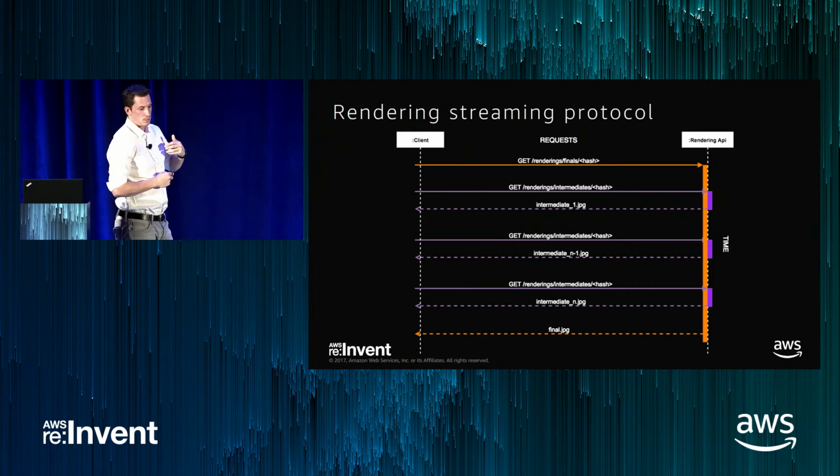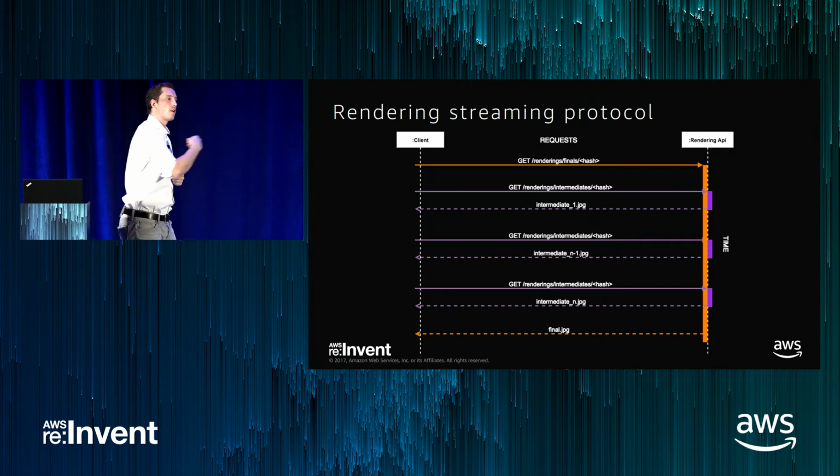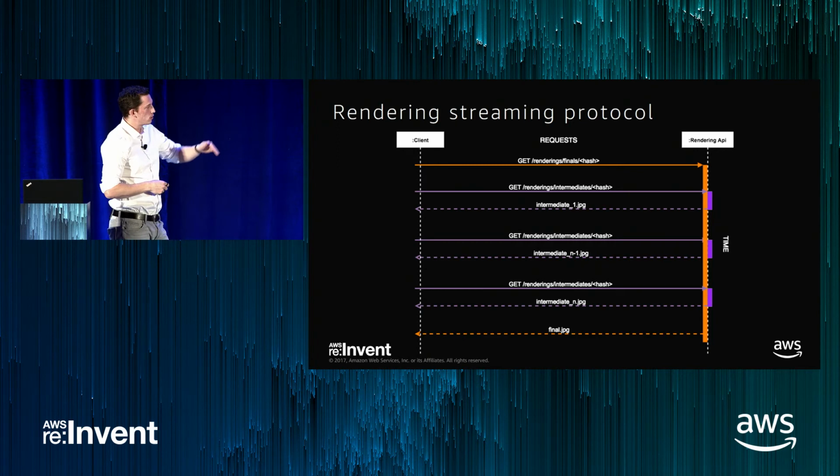Once it gets back, that's the dashed purple line. We display that on the client, and we send another request to get the next one, and so on and so on, until you get the final image, which we cache in between, and then, of course, you stop requesting intermediate images.